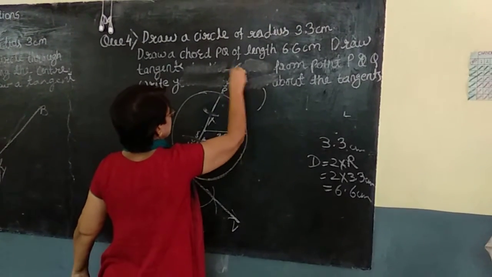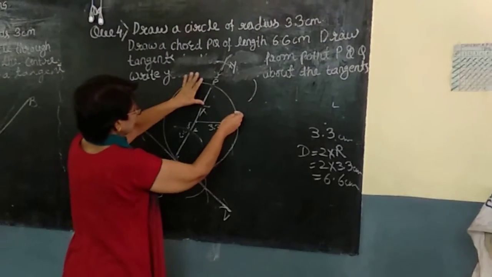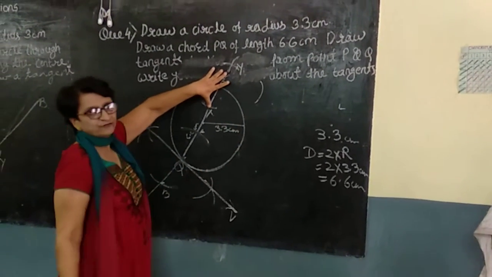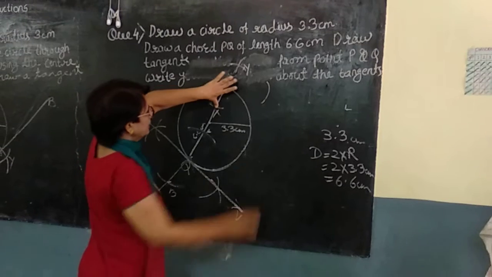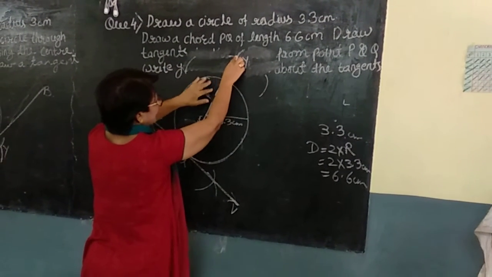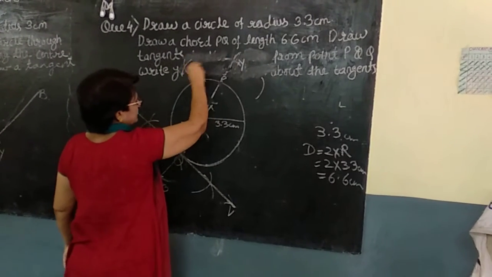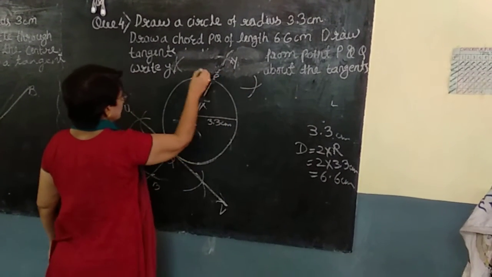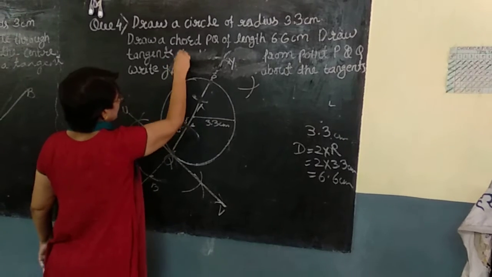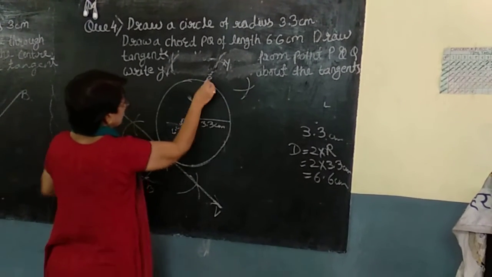Then draw an arc with center X and more than half of XY, on this side and this side. Then again with the same distance, cut the previous arc. Then join these 3 points together.